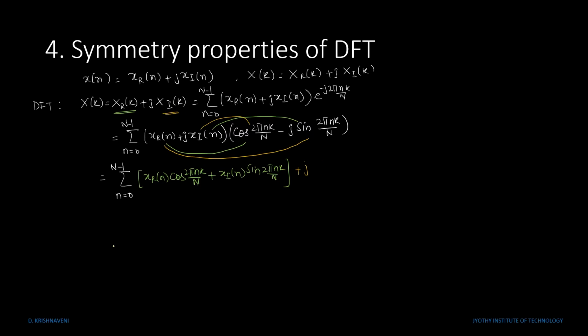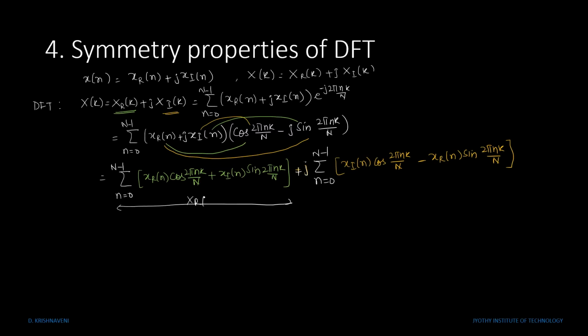And then we'll get xi of k, so here xi of n into cos 2 pi nk by N minus xr of n sin 2 pi nk by N. So the first term gives xr of k and the second term is xi of k.